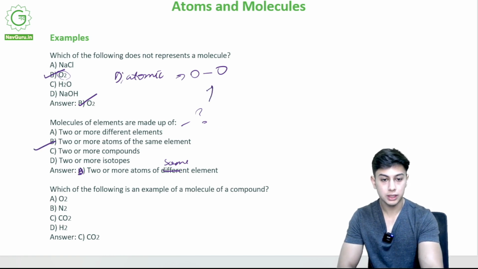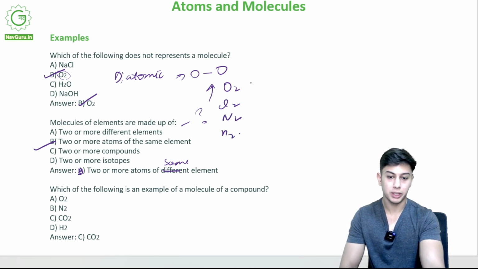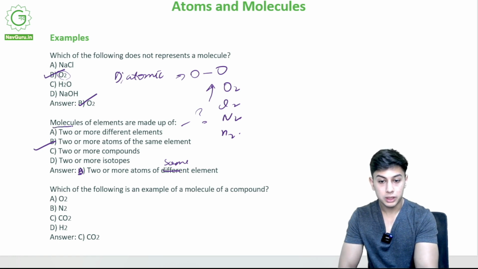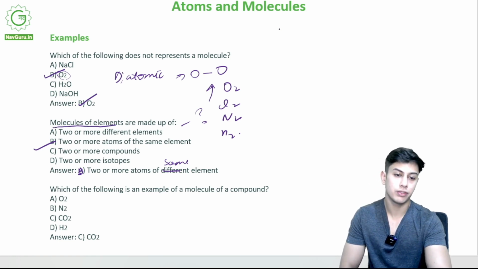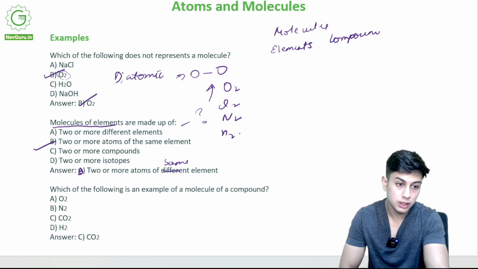Why? Over here see, O2, Cl2, N2, H2. Same element. Molecules of elements. Always remember there is a difference between molecules of elements and molecules of compounds. What is the difference?